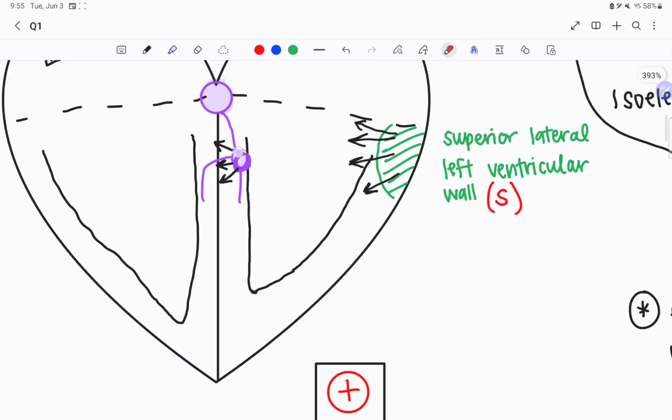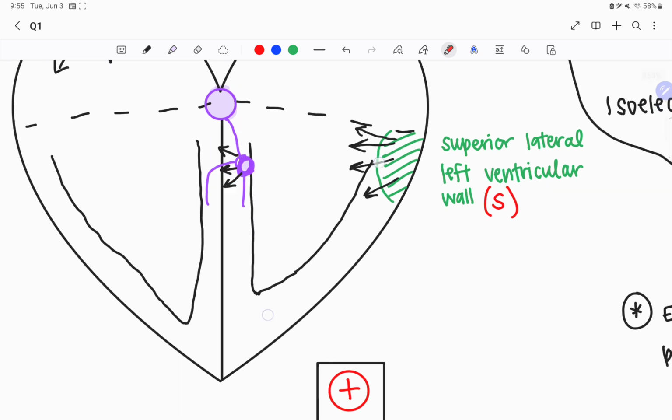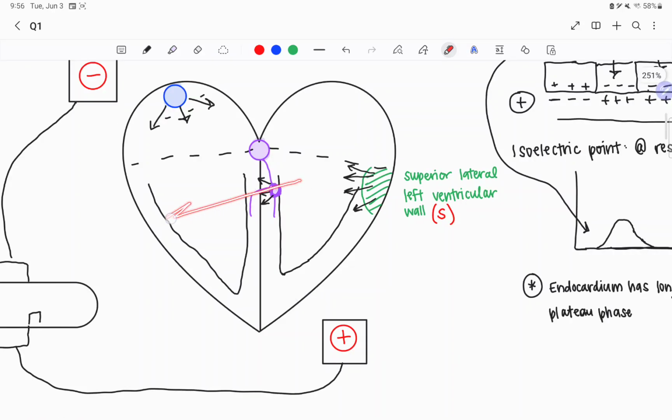But as you can see, it's right here on the left ventricle's wall. Okay, and so it has to go this far here and only just start going down right here. So when this originally starts depolarizing, it has this direction going. Okay, so it's kind of going in this direction.